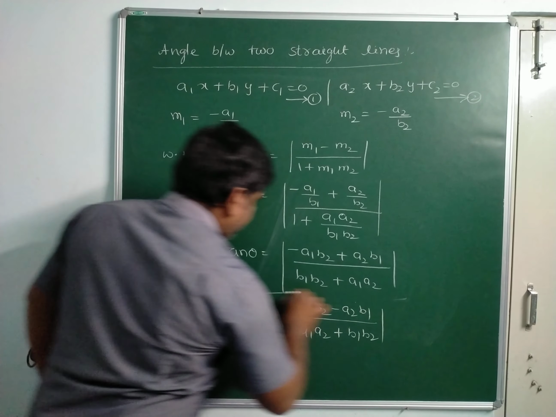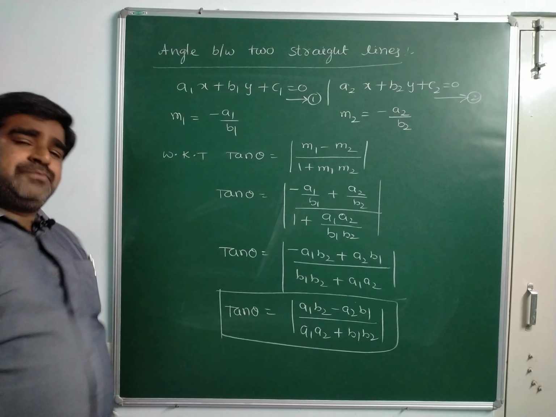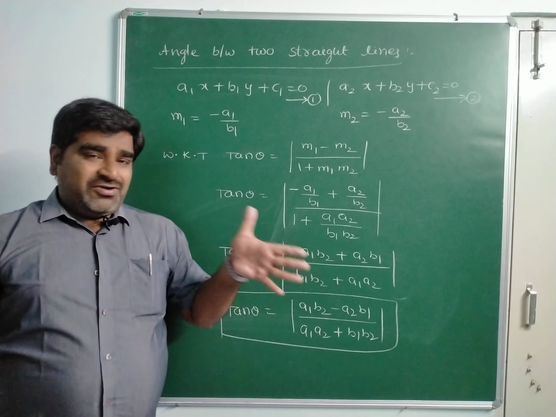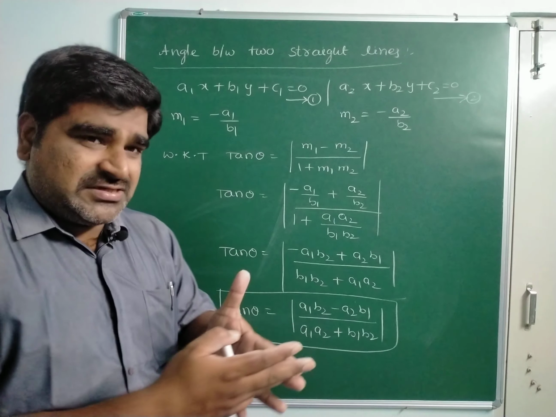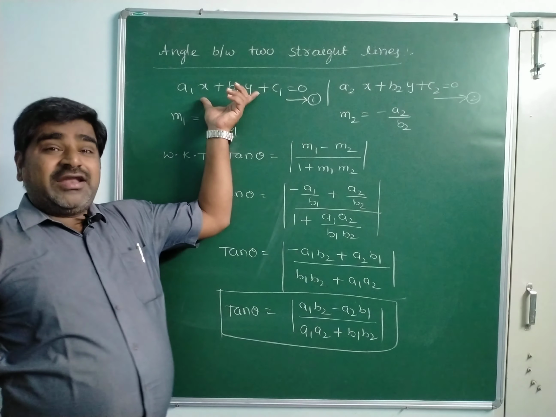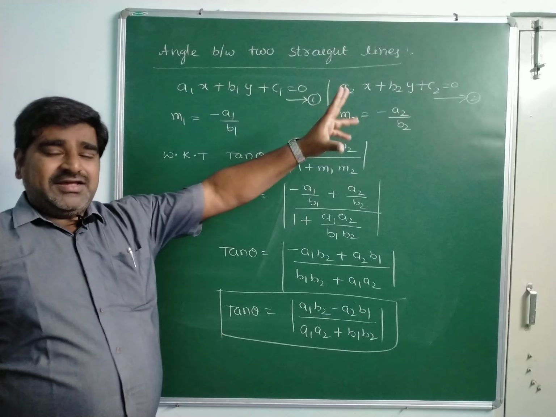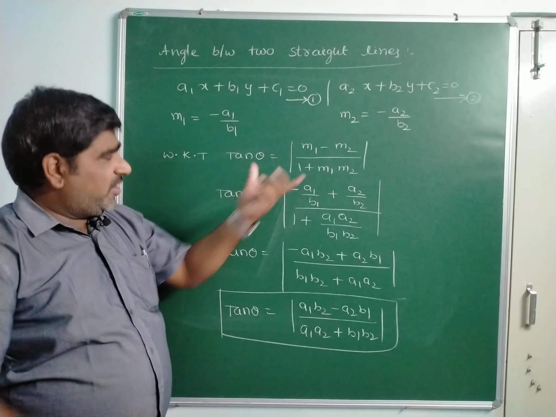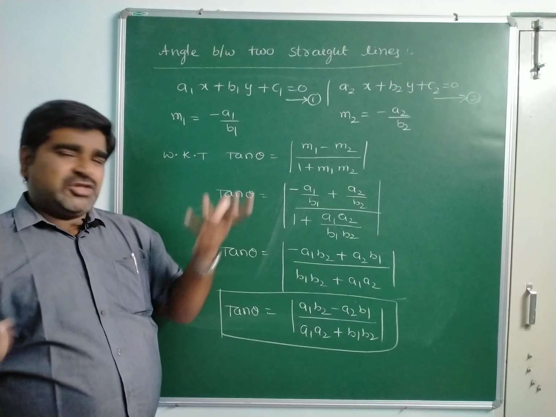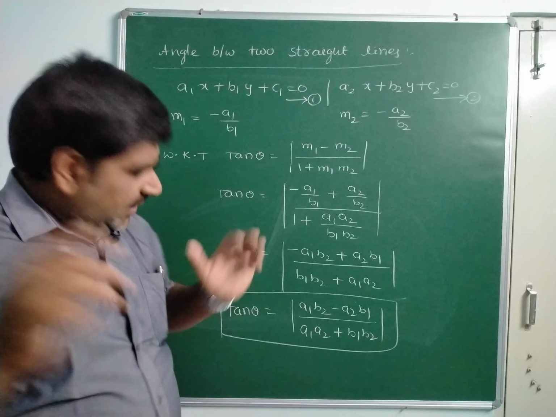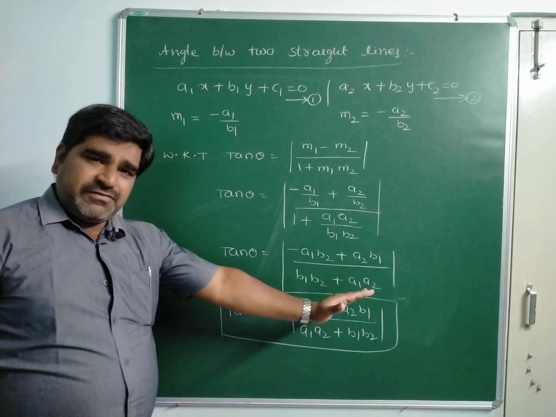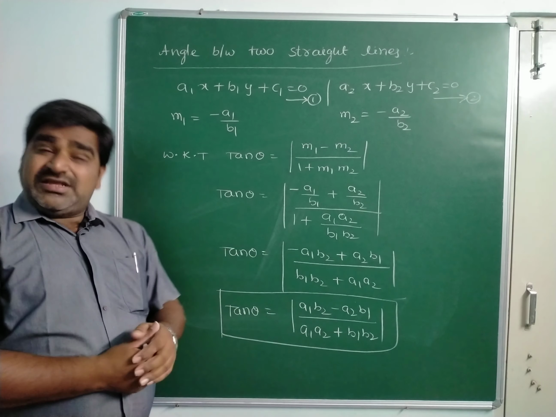This is the formula to find the angle between the two straight lines when they are in general form. If you know the slopes, you can use the earlier formula; both you can use, it's not a problem. So this is the formula: tan theta equals modulus of (a1 b2 minus a2 b1) by (a1 a2 plus b1 b2).